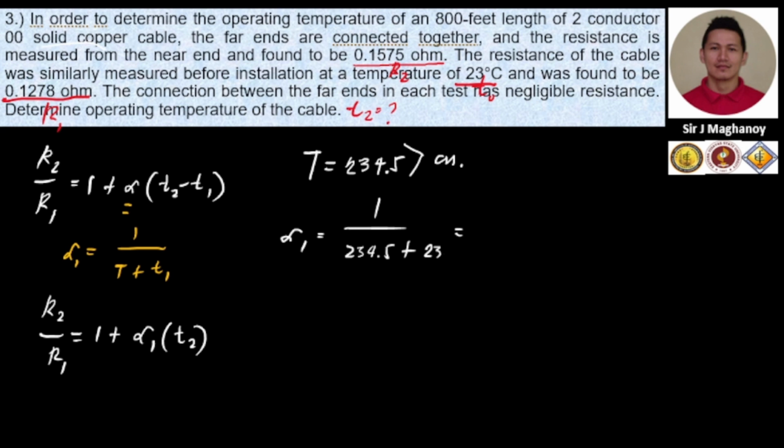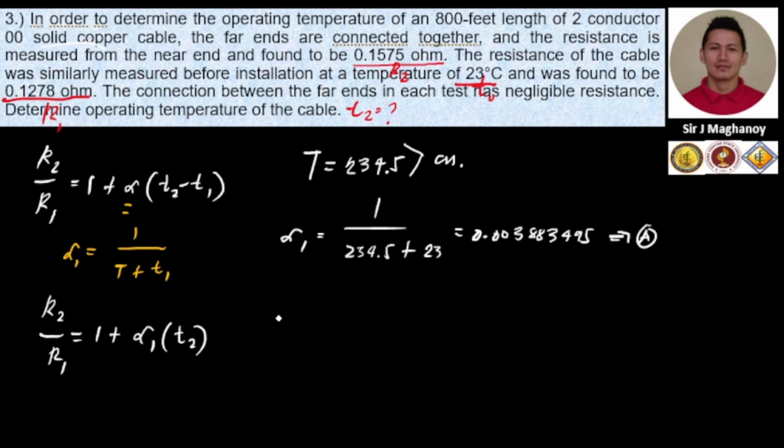This is equal to 0.003883495. So this is your temperature coefficient. Now we're going to use it in our formula. We're going to save this to our memory A.